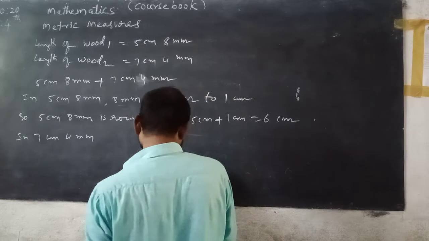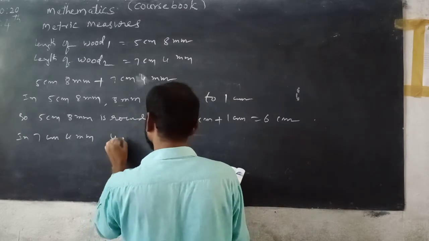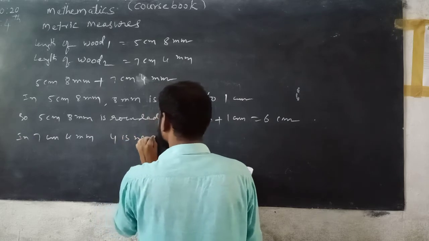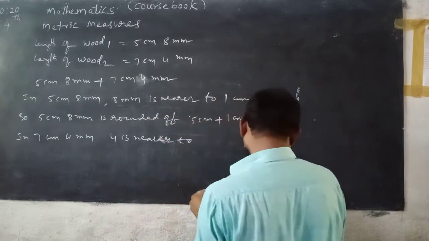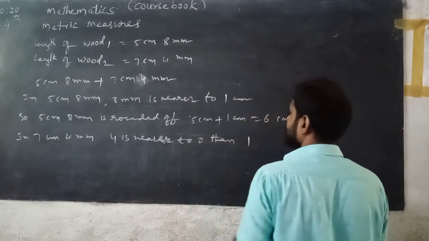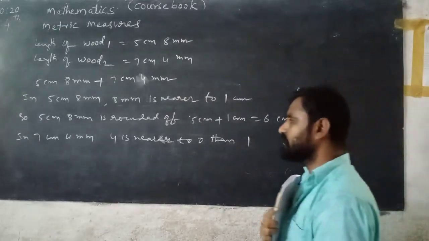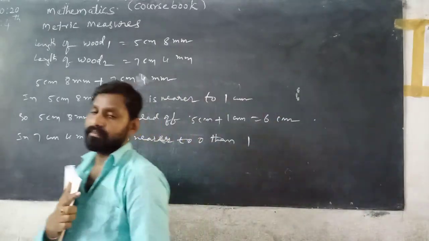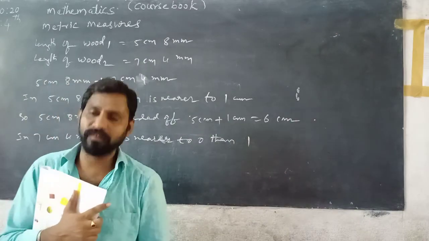Here, see in 7 centimeter 4 millimeter, 4 is nearer to 0 than 1. Why? See here, 4 is one digit less than 5. Less than 5, so I have to take the previous digit.